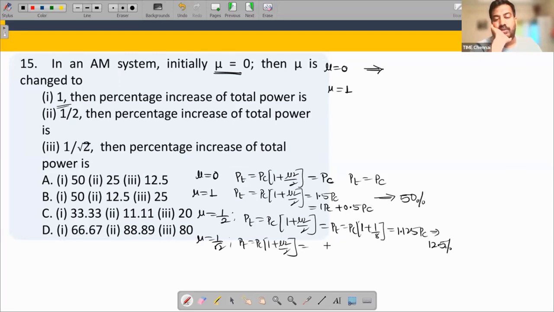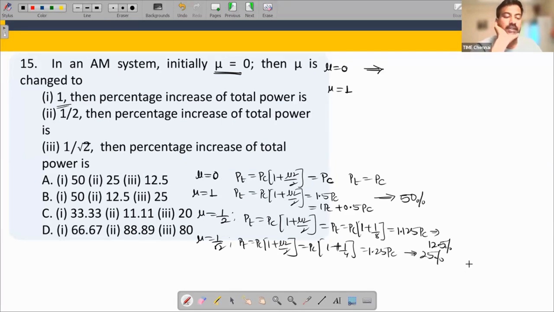PT is equal to PC into 1 plus mu square by 2, PC into 1 plus 1 by 4, 1.25 PC.